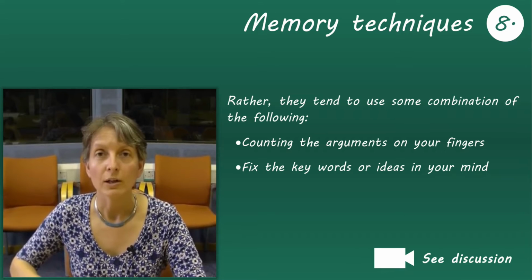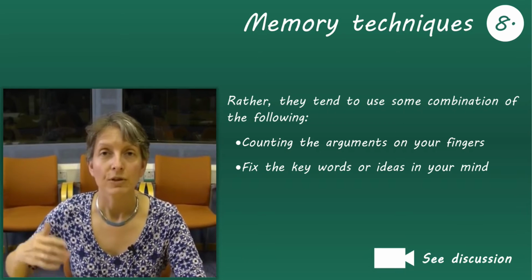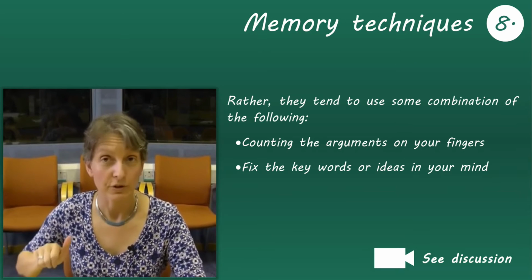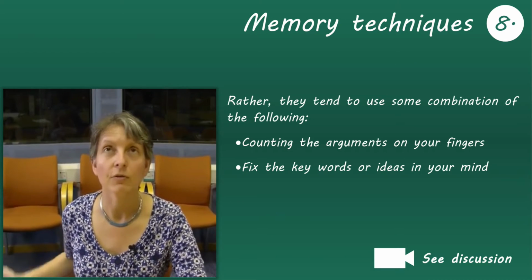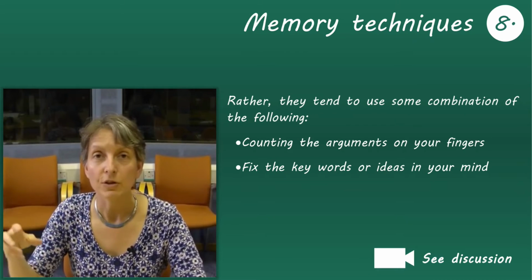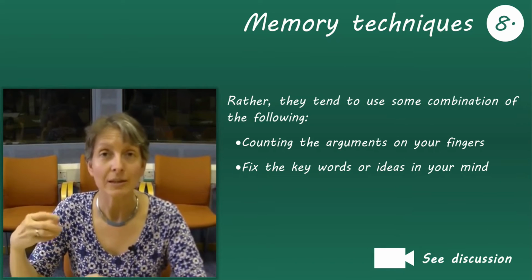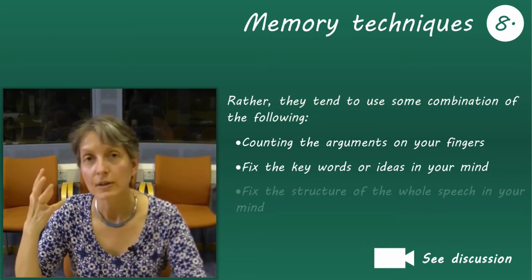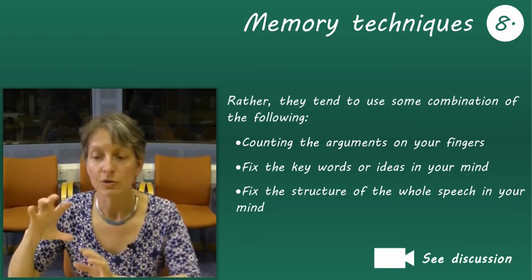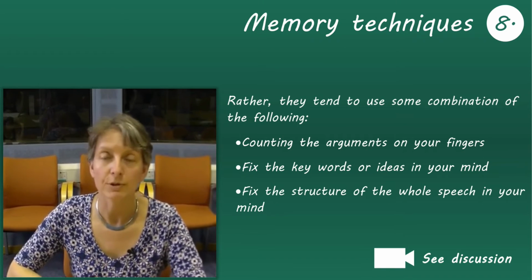What you do is, while you're listening to the speech, when the speaker comes to point 1, it's good for the environment, you use the finger technique, perhaps, and you think to yourself, point 1, environment, environment. Then, of course, your speaker is going to go on and give further information, examples, to illustrate their main point. So you need to listen to that and absorb it, but remember that is all under the heading point 1, environment.